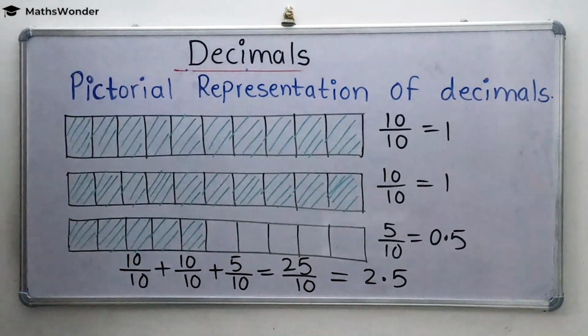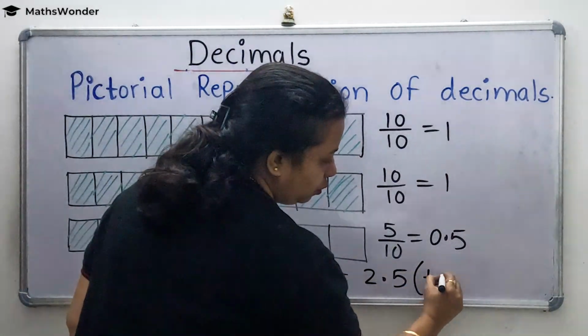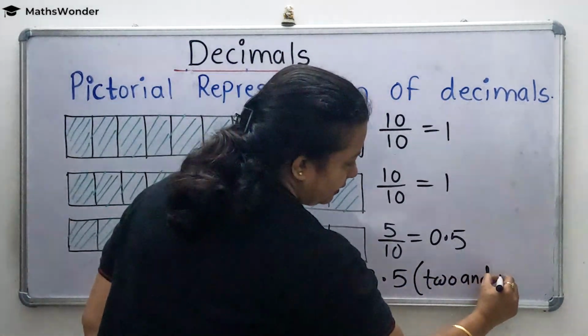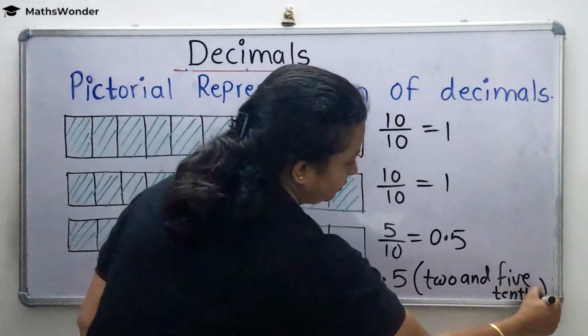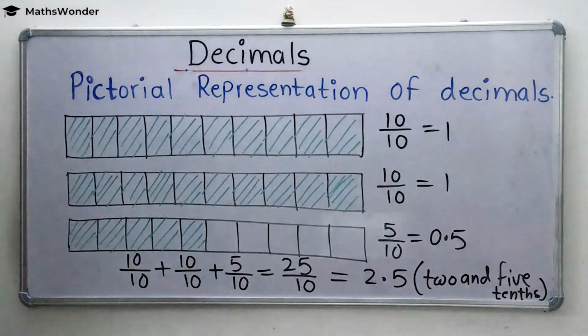So how will you read it? 2 and 5/10. This is the pictorial representation.